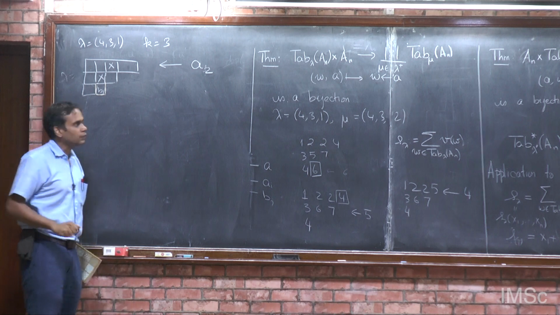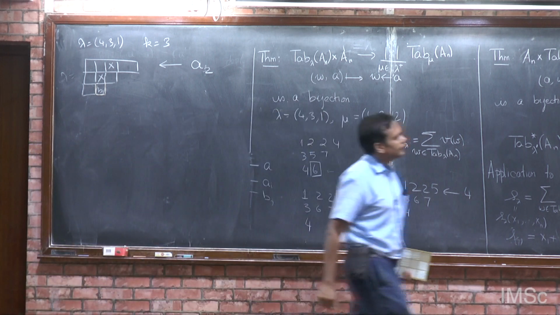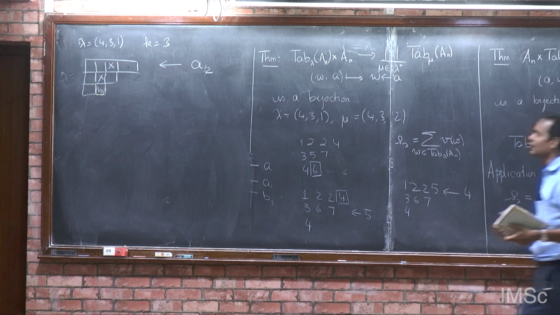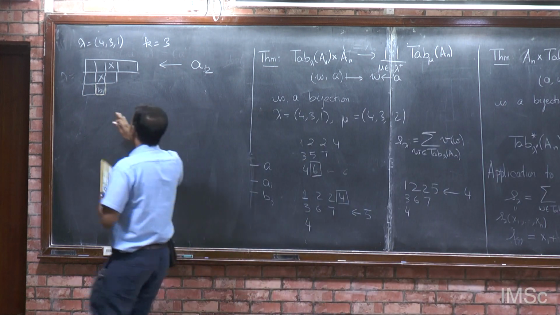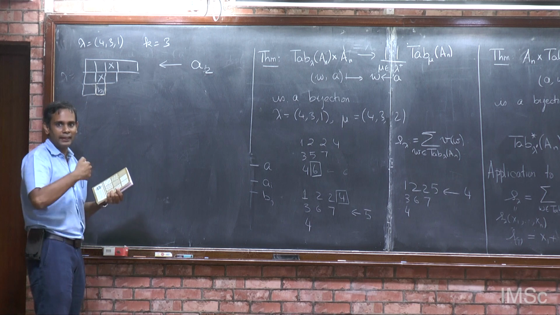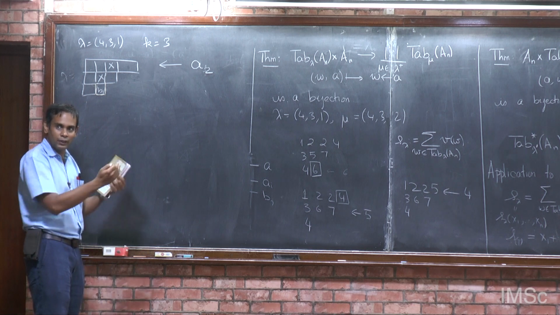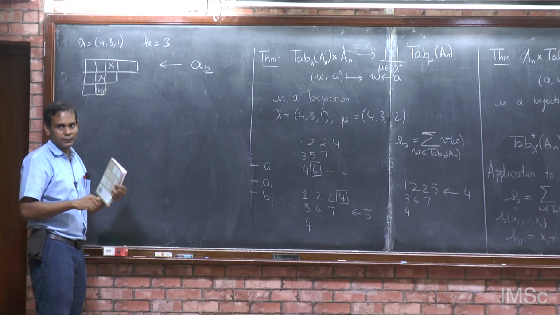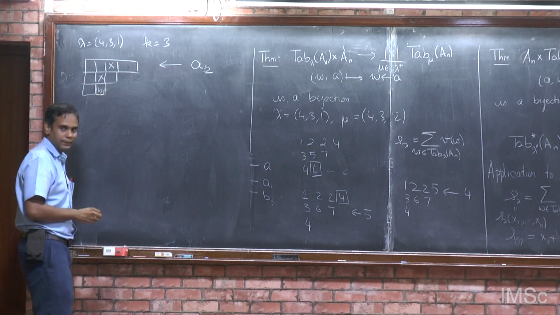That is it. So that says that the cells will be introduced from left to right as you insert a1, a2, a3 and so on. They will be introduced in different columns, strictly from left to right.